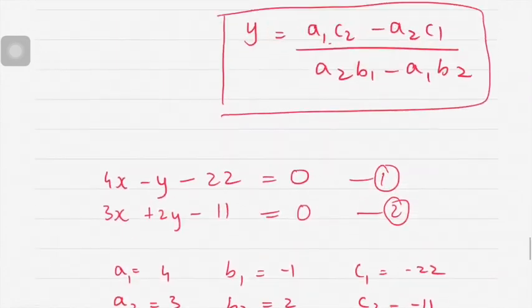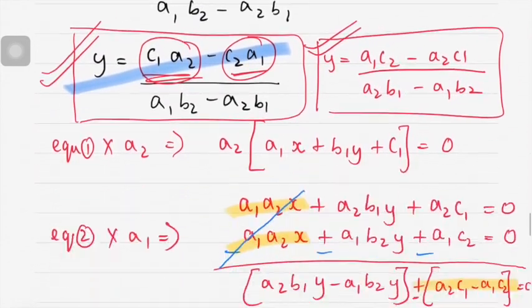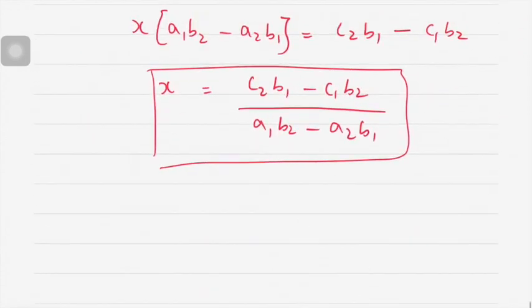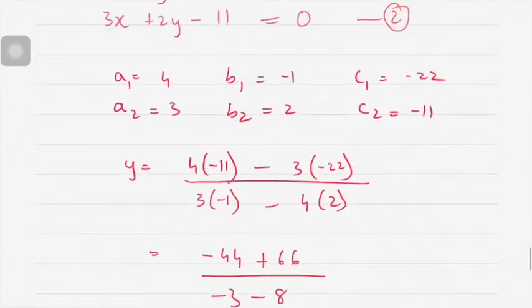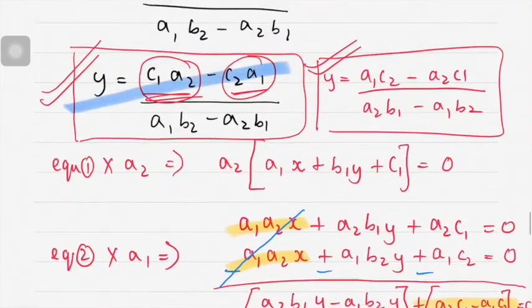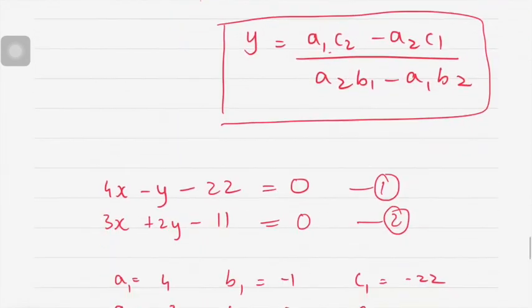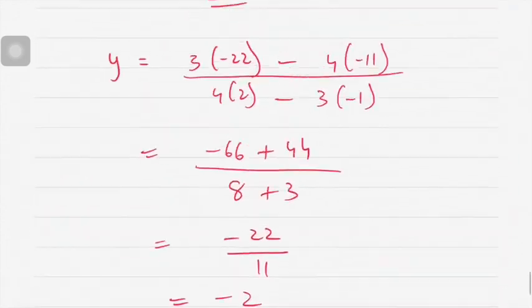So this is the formula. Okay. What formula did I write? B1C2 minus B2C1. C2B1 minus C1B2. It's same, okay? It doesn't matter. So what I got?